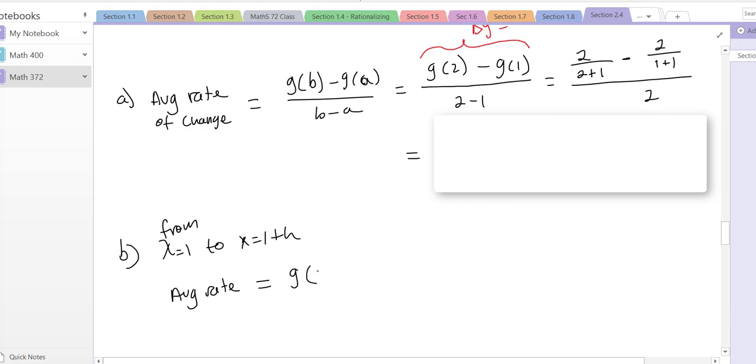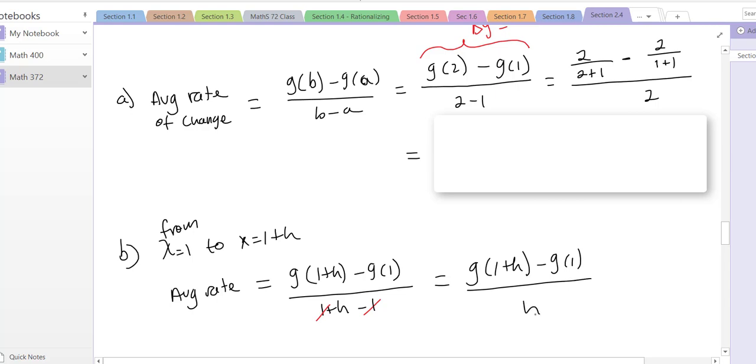So g of 1 plus h minus g of 1 over b minus a, 1 plus h minus 1. So notice that the 1's cancel, and so we're left with this difference quotient type thing, g of 1 plus h minus g of 1 over h.